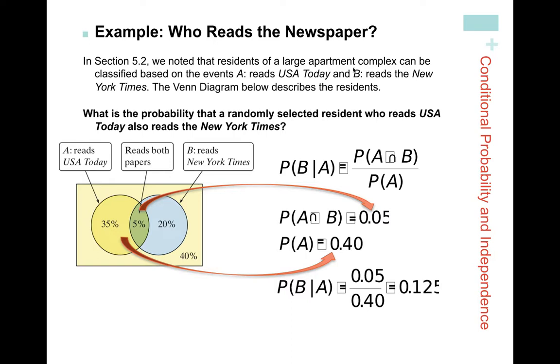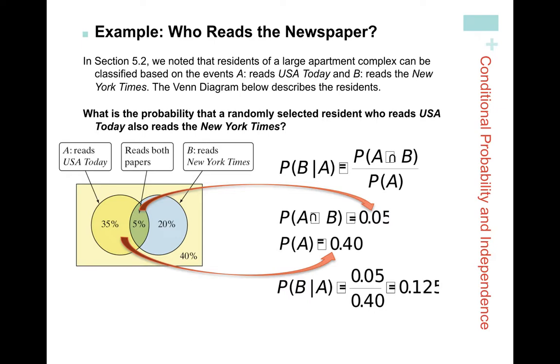And then event B is they read the New York Times. So they read the national news and they read the local news. The Venn diagram below describes a residence. So this yellow circle here is event A. This blue circle here is event B, and then the green intersection is both, so it's A intersect B.